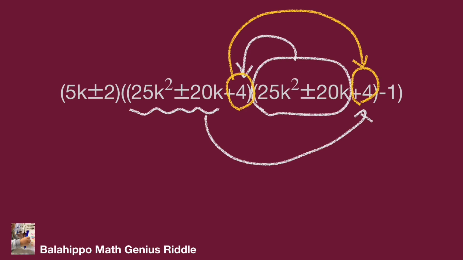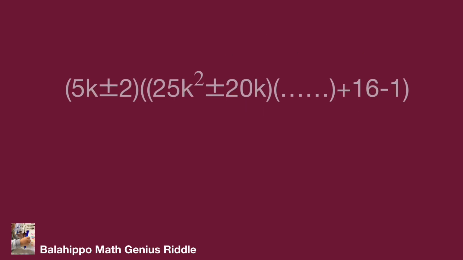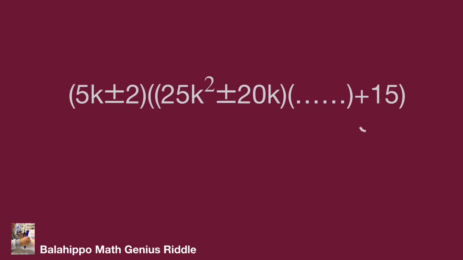We get (5k plus or minus 2) times bracket (25k squared plus or minus 20k) multiplied by (25k squared plus or minus 20k plus 8), plus 16 minus 1 bracket. 16 minus 1 equals 15, with factor 5. 25k squared plus or minus 20k also has factor 5.